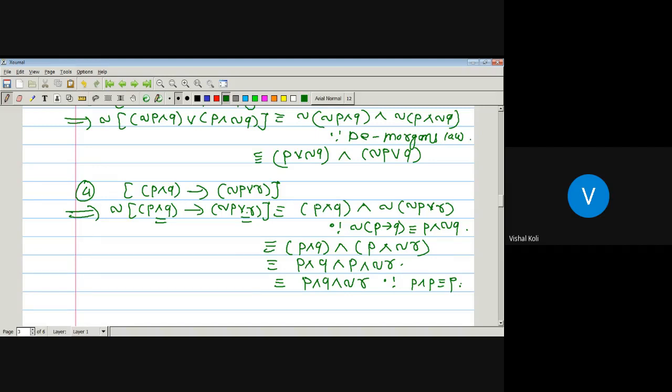Now let us see one example in which we will prove the statement patterns without using the truth tables.